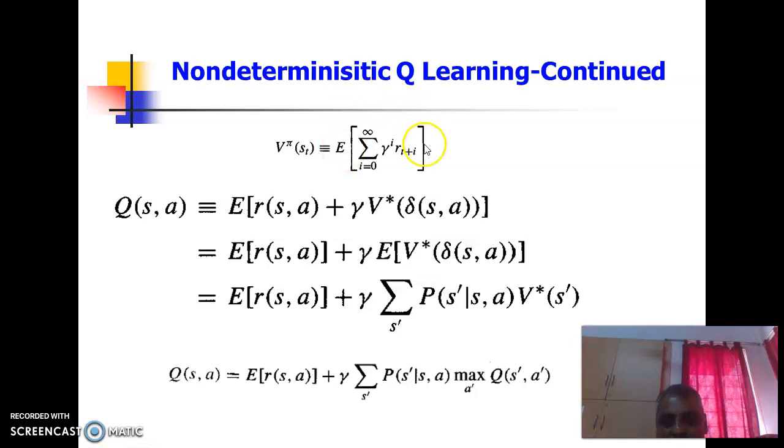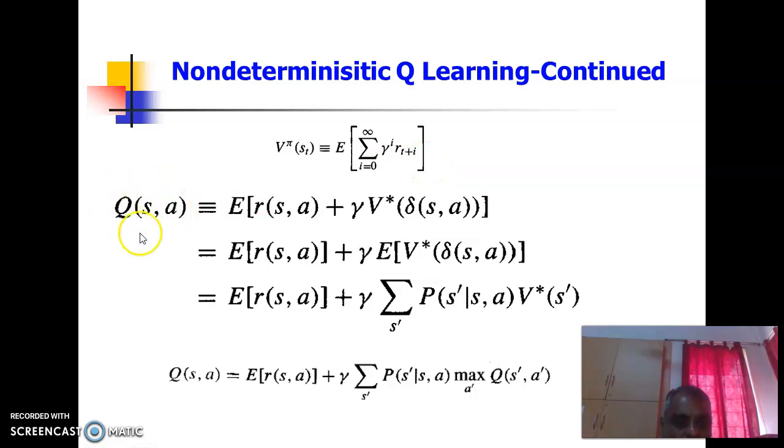So unlike the previous deterministic case, we write V pi of st is equal to expectation of sigma i is equal to 0 to infinity gamma to the power i into r of t plus i.